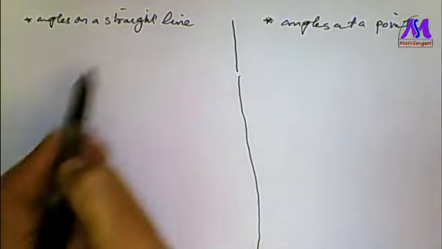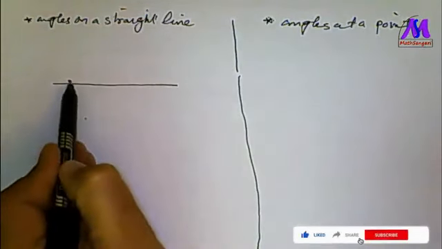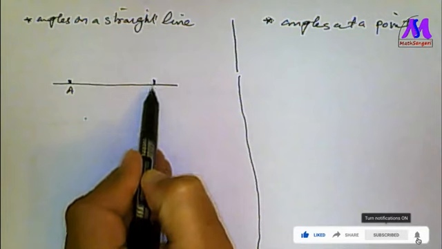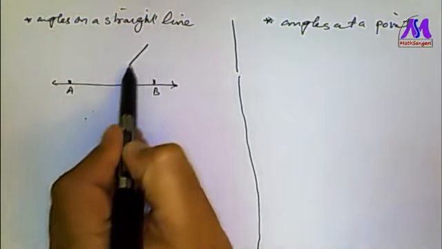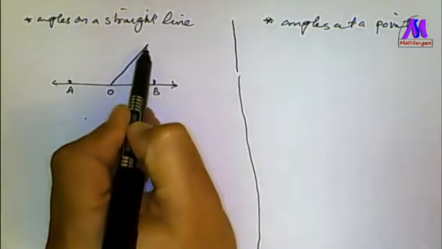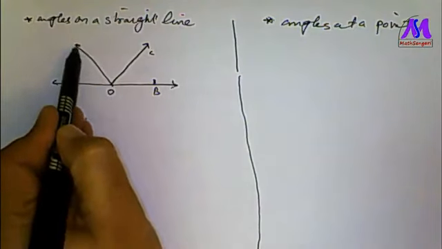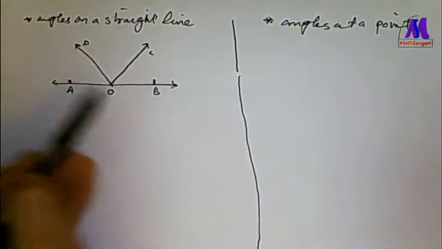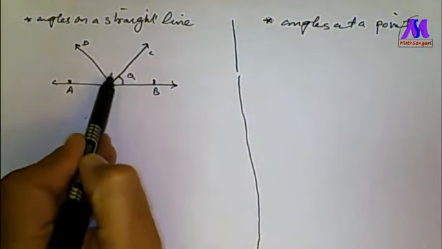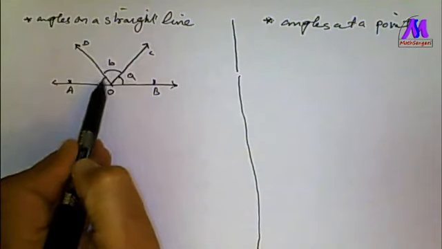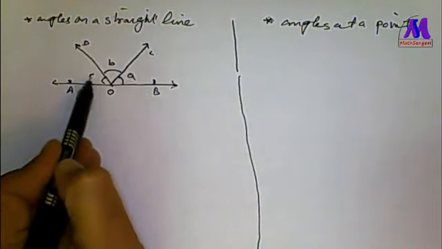For angles on a straight line, draw a line, and suppose it's point A and point B with arrowheads, and they share a common point O with another ray OC, and also another ray OD. Making different angles: suppose it's angle A, it's making an angle B, and ray OD and OA making an angle C.